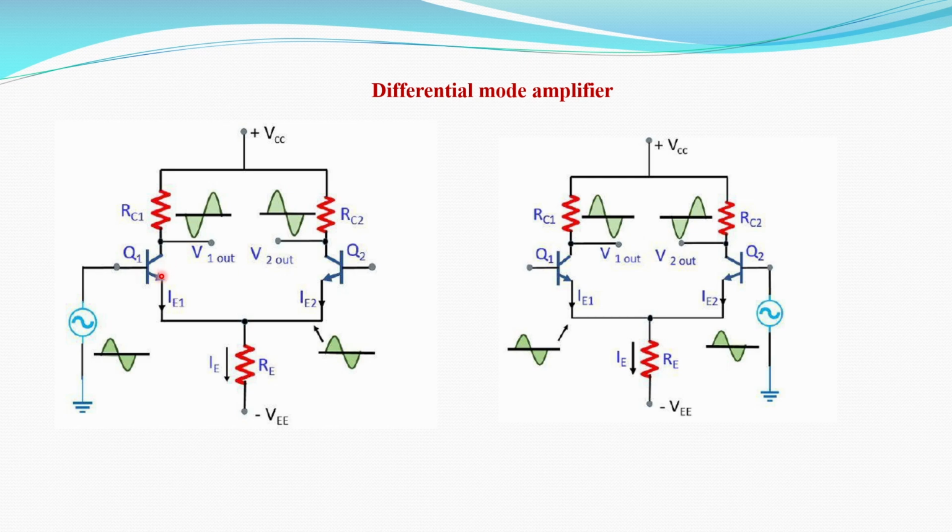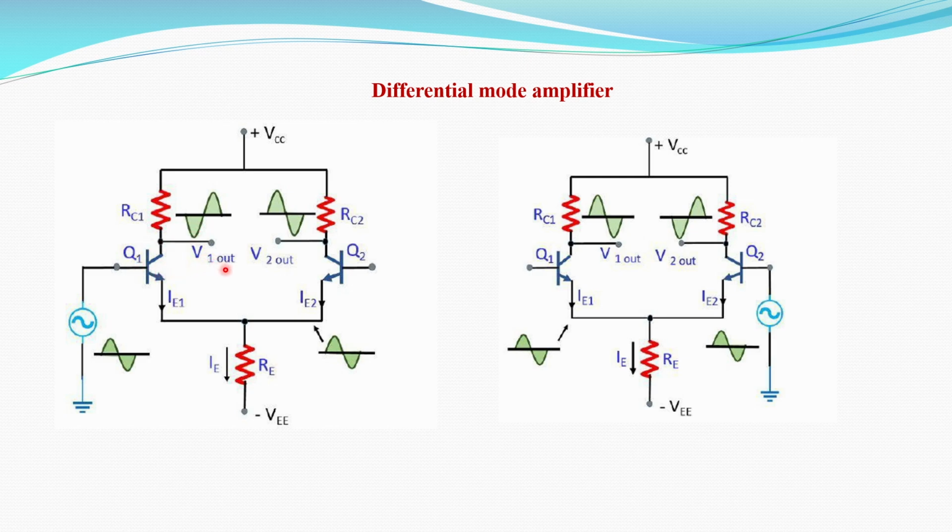So with Q1 in the on condition, the positive input signal takes place at the output of the Q1 transistor. The voltage drop across RC1 will be more, resulting in the collector of Q1 being less positive. And next, when the input signal is negative, at that time the transistor Q1 will turn off.